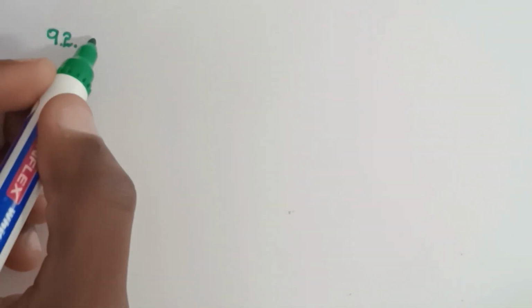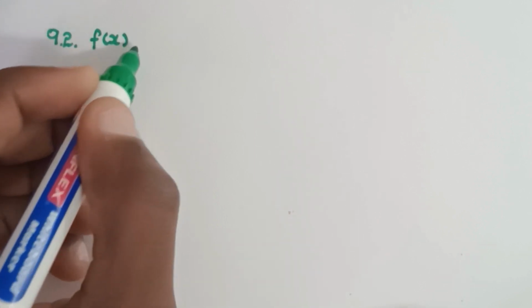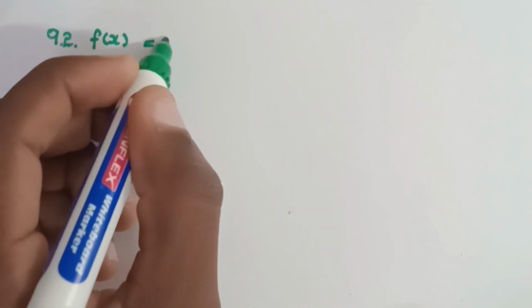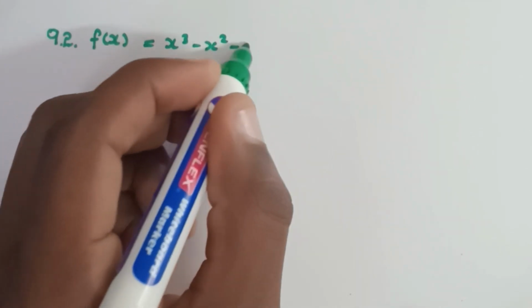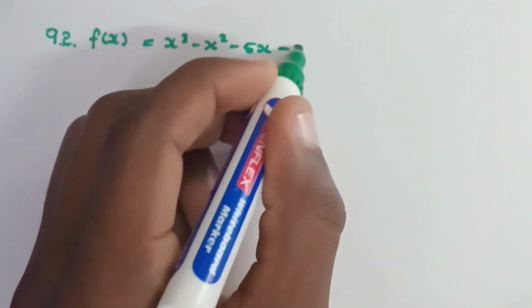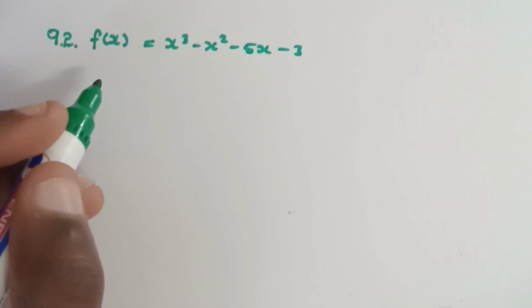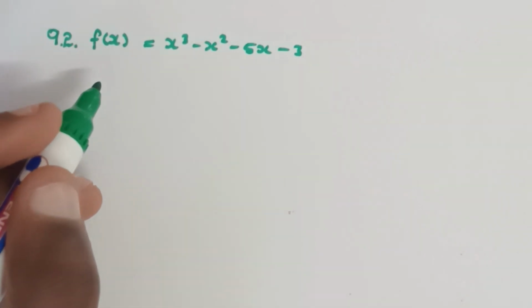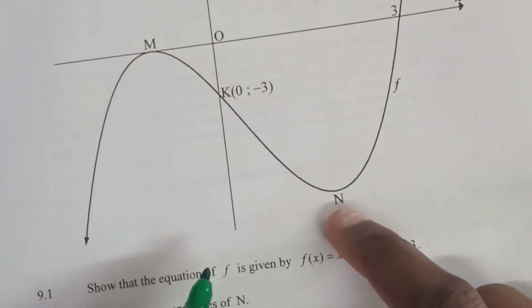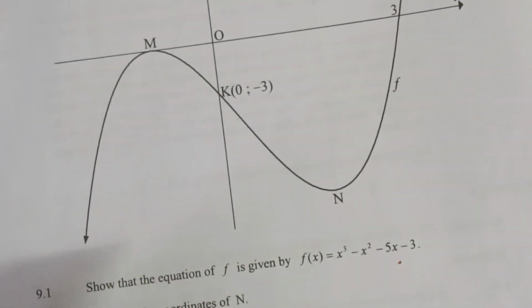Anyway, let's firstly write our equation. f of x is equal to x cubed minus x squared minus 5x minus 3. There is our equation, and now let's derive our equation to find this one. To find n here, we have to derive this equation.